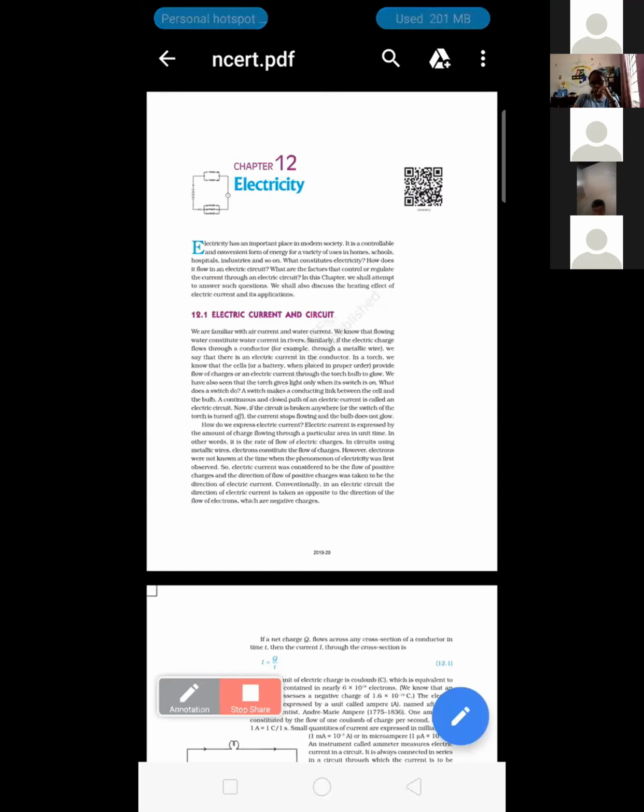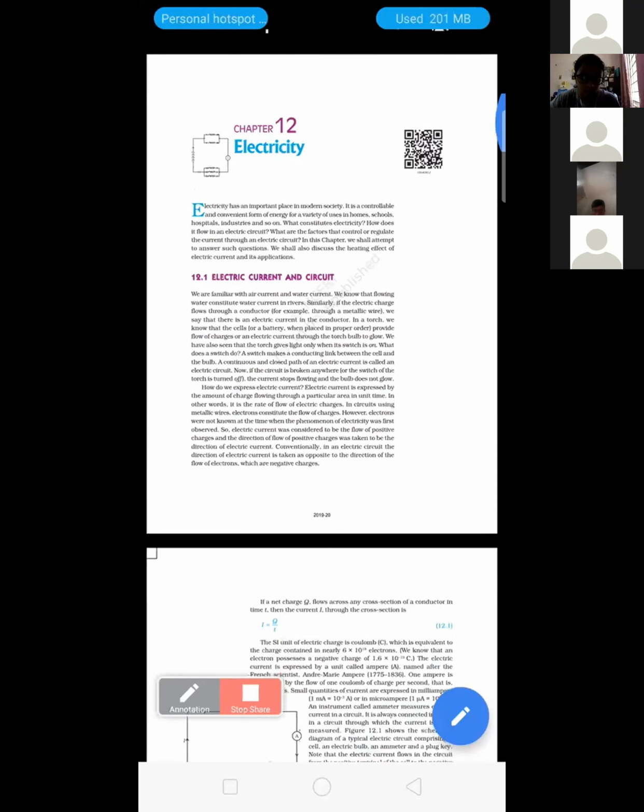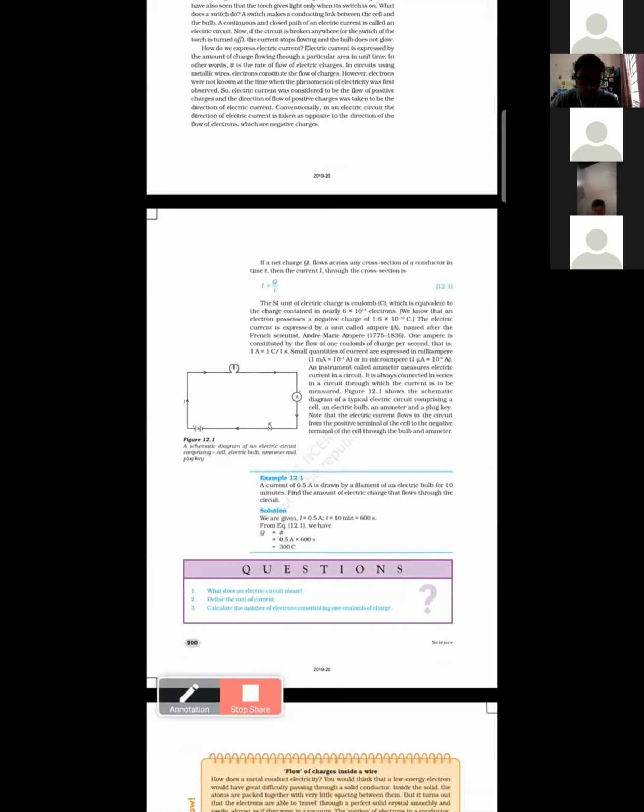Please have a look at the NCERT book. If you don't have the NCERT book, you can download the PDF file and start doing the questions. You can see example number 1. You can start from the examples also and do the blue colored questions.